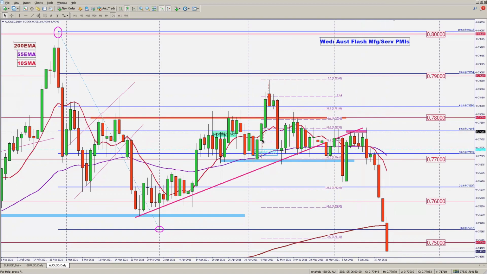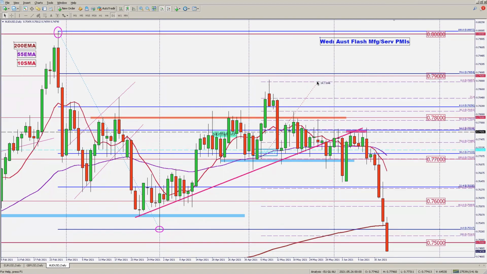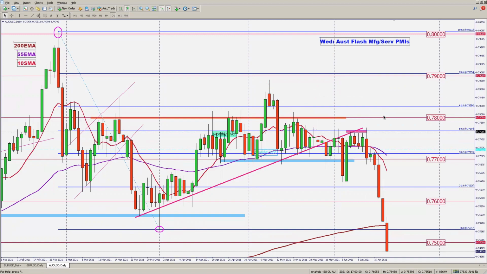So we can remove this now. We can also move this. 77 is a resistance zone here.